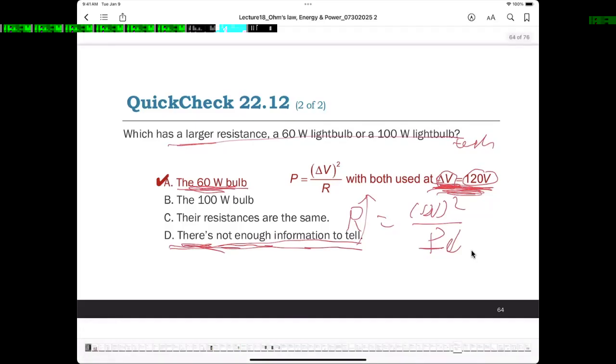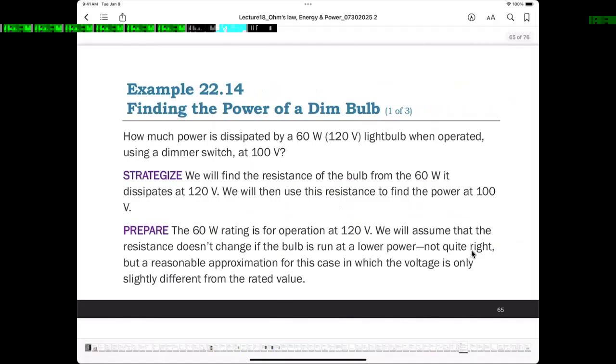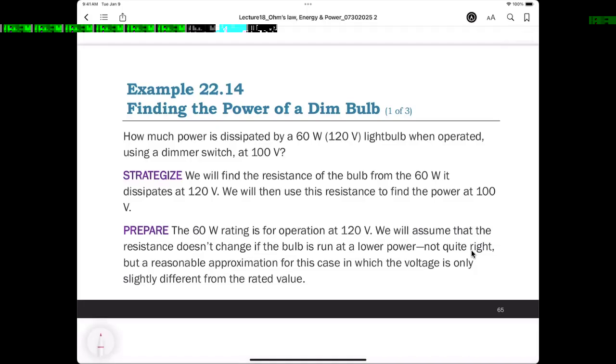Okay, let's talk about one example, finding the power of a dim bulb. How much power is dissipated by a 16 watt, 120 volt light bulb when operated using a dimmer switch at 100 volts? We will find the resistance of the bulb from the 16 watts it dissipates at 120 volts.